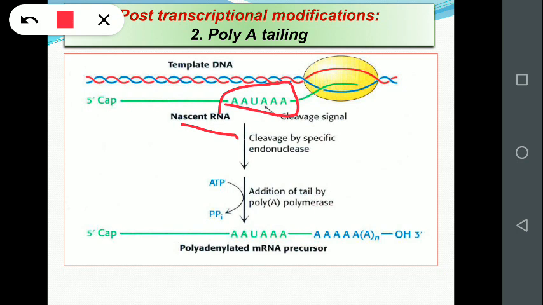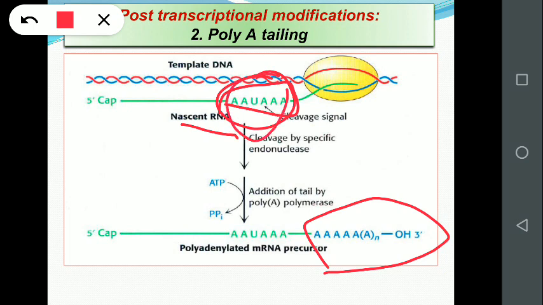This acts as a signal, and there is an enzyme, poly-A polymerase, which recognizes this specific sequence and adds several A's from ATPs at the 3' end of the nascent mRNA, synthesizing a length of poly-A tail at the 3' end of the primary transcript. So this is the poly-A tailing.